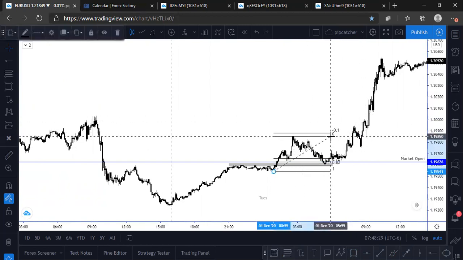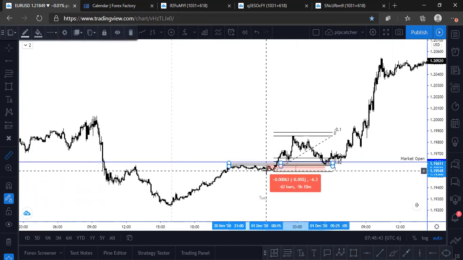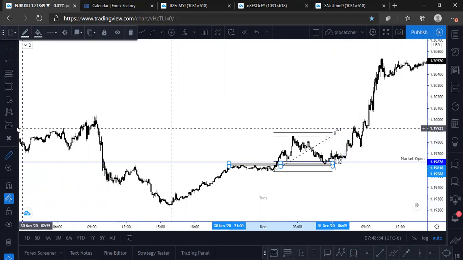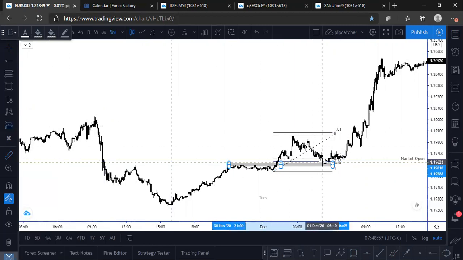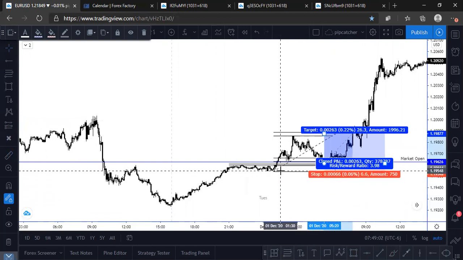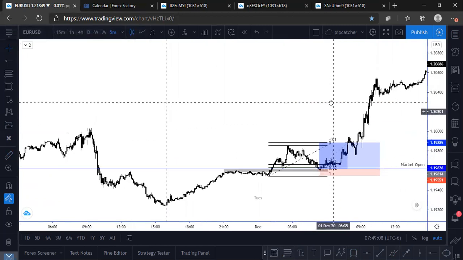So in this scenario, let's say we would have entered down in this 72.82 fib area around this structure. My stop loss would be 6 pips for my take profit at 27 pips. So let's just calculate this really quick. I entered down here, we would have a stop loss of 6 pips for 27 pips.